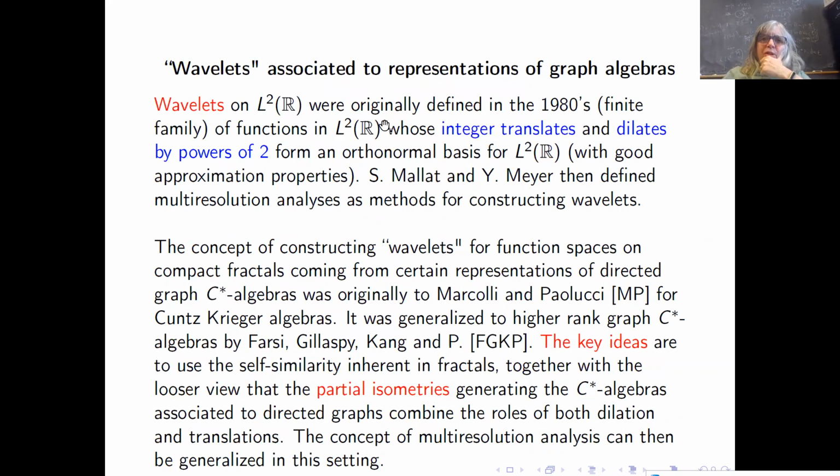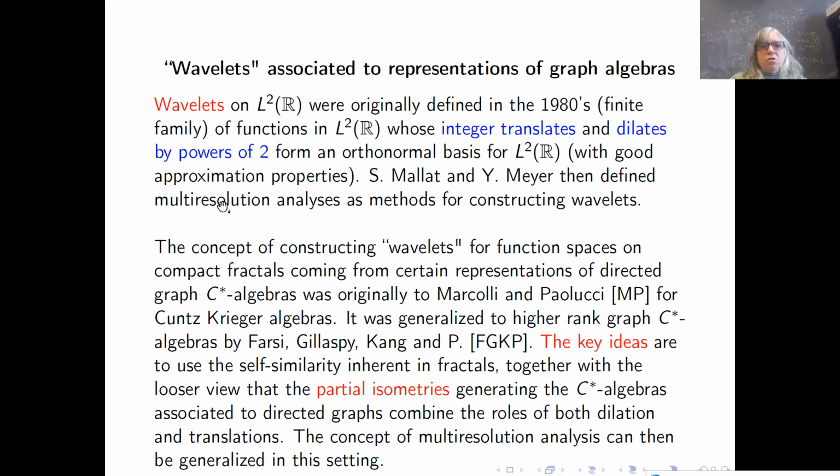So let's talk about these wavelets. What do I mean by wavelets? Well, wavelets, of course, were defined in the late 70s and 80s to give either one function or multiple functions whose integer translates and dilates by powers of 2, and then powers of other numbers, give an orthonormal basis for L2 of R. And then you had L2 of R^n, with integer translates and dilates by dilation matrices all of whose eigenvalues were greater than 1 in modulus.